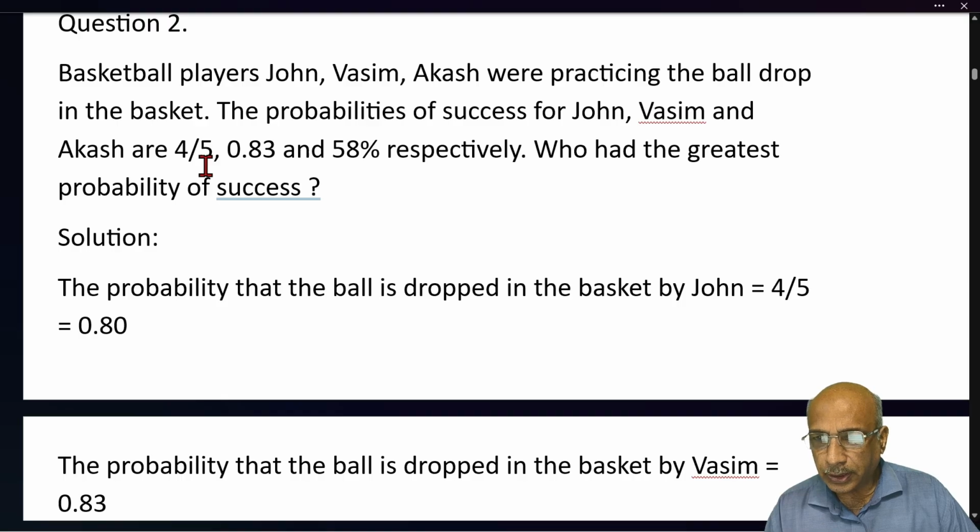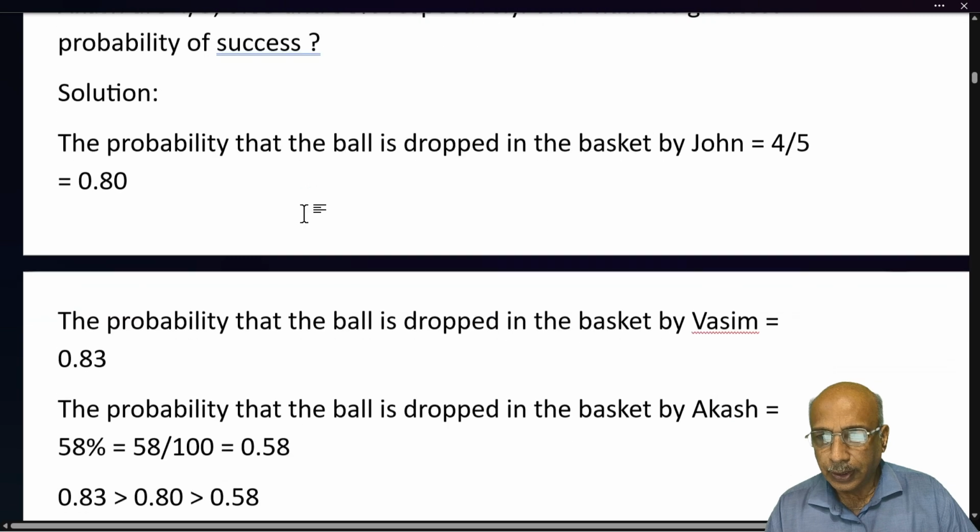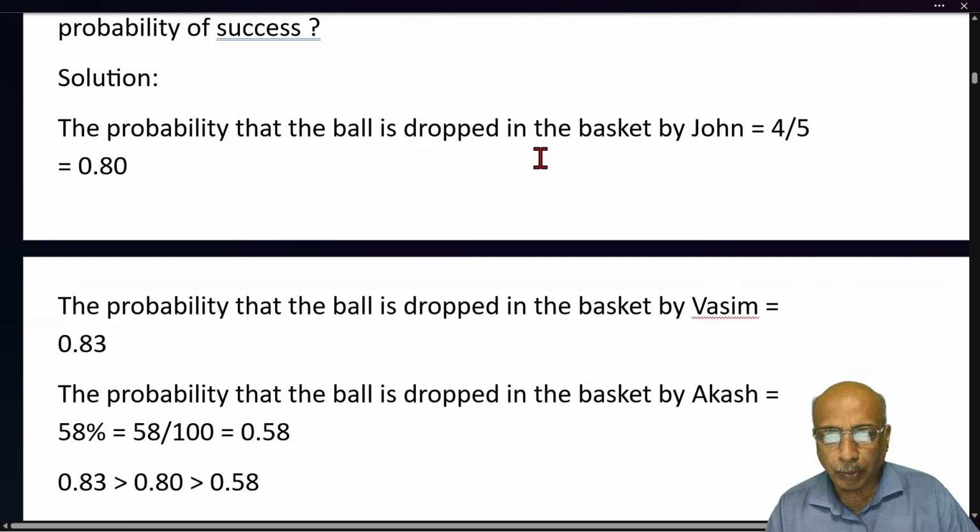Basketball players John, Wasim, Akash were practicing the ball drop in the basket. The probabilities of success for John, Wasim and Akash are 4 by 5, 0.83 and 58% respectively. Who had the greatest possibility of success? Here the probability that the ball dropped in the basket by John is 4 by 5. Convert it into decimal. You will get 0.80.